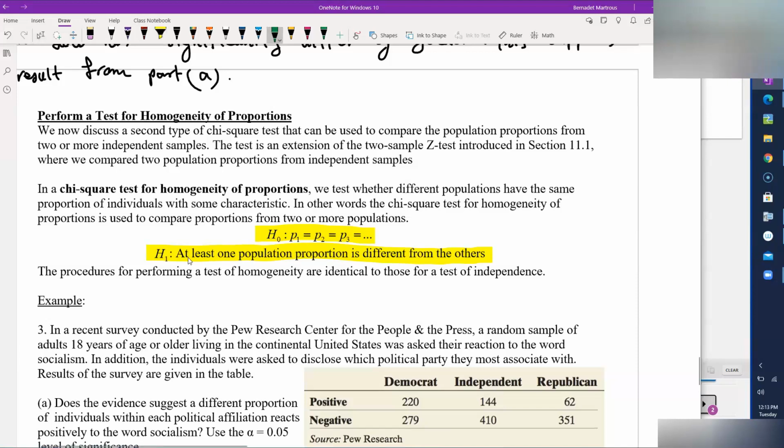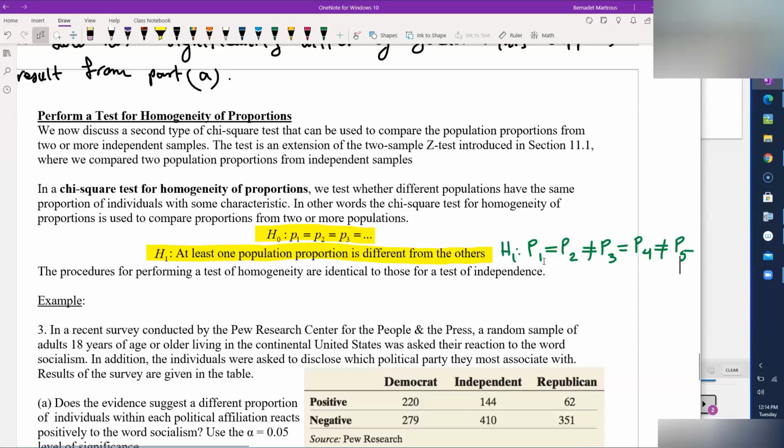What this means is you may have something like this: P1 equal to P2, this one not equal to P3, this equal to P4, not equal to P5. You may have something like that.